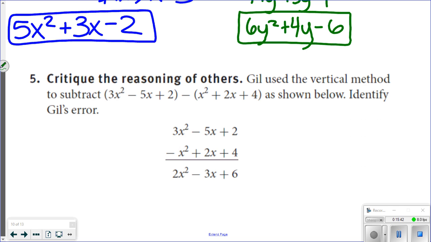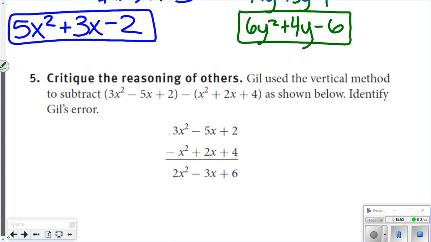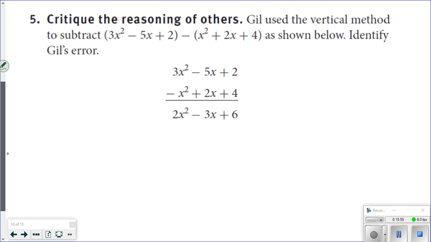And lastly, it says Jill used the vertical method to subtract as shown below and identify the error here. So where did we make a mistake? Oops. Her algebra is correct.